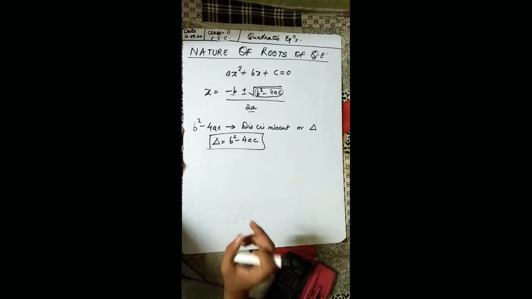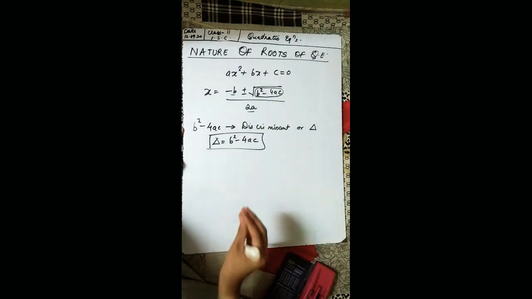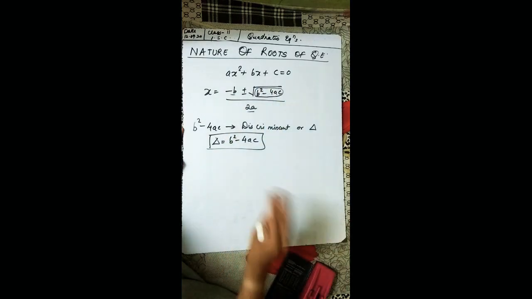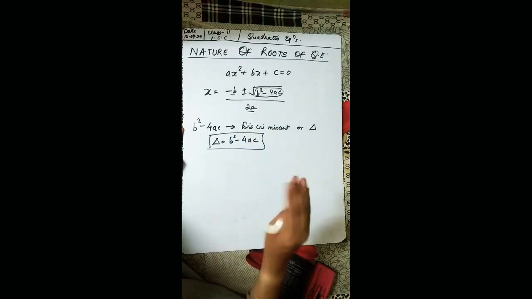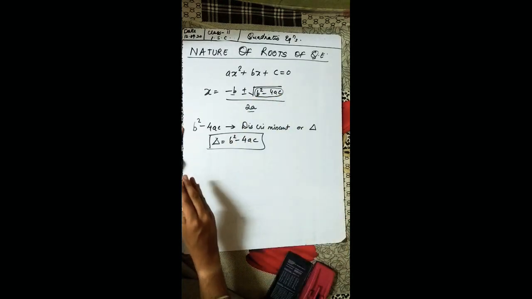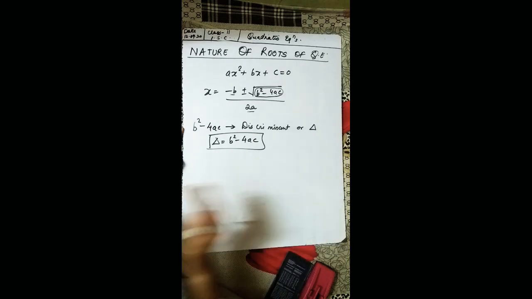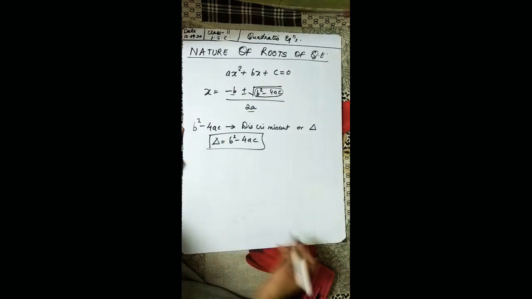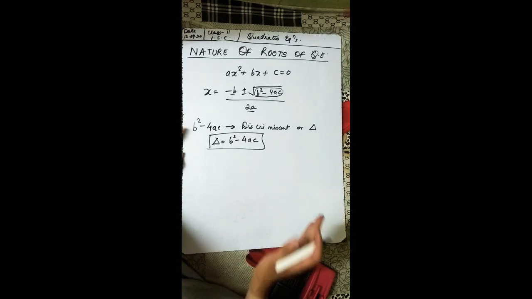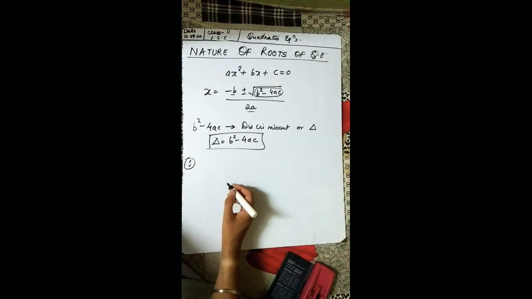If inside this under root you are getting exactly 0, this answer will be 0, and you will get identical roots, which I will explain how. And if you get a value less than 0, that is in the negative number line, this will give you an unreal or imaginary root, which we have seen in the complex number. So the three conditions you have to keep in mind.